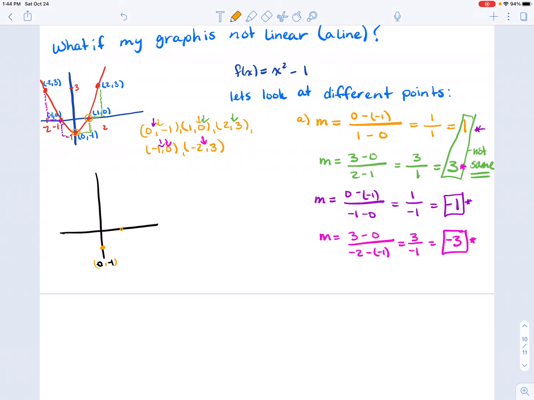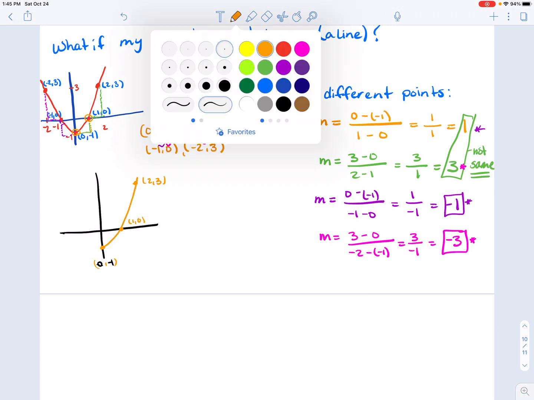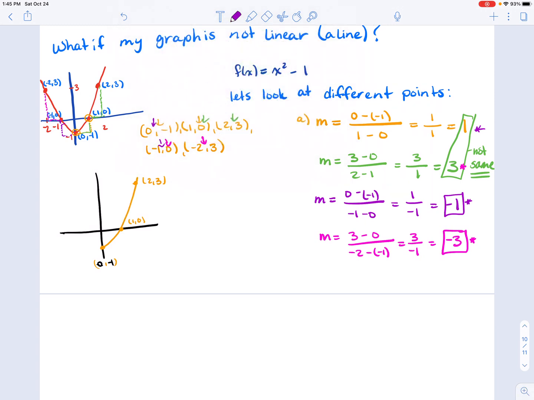And then we had here and up here: this one was (1, 0), and we have (2, 3). Now if I look at the other half of the graph, where I had (-1, 0), and then here I have (-2, 3).